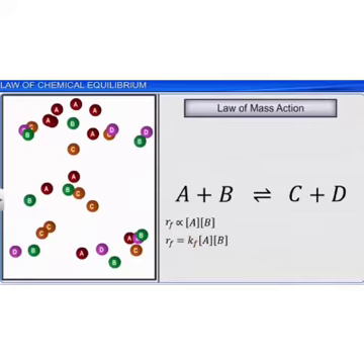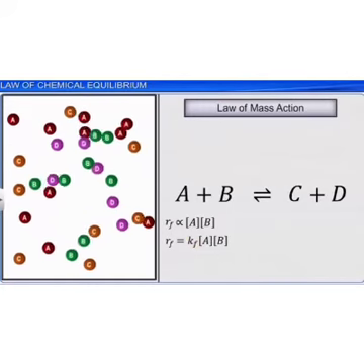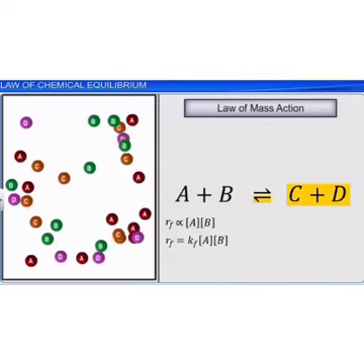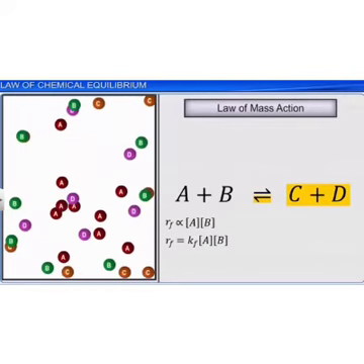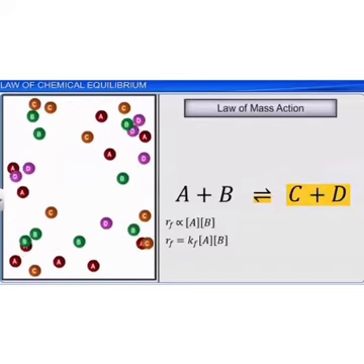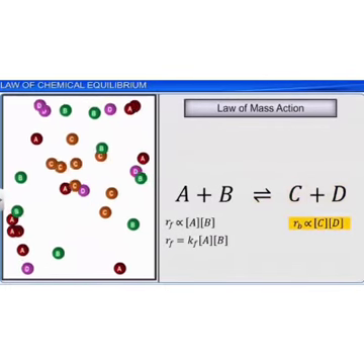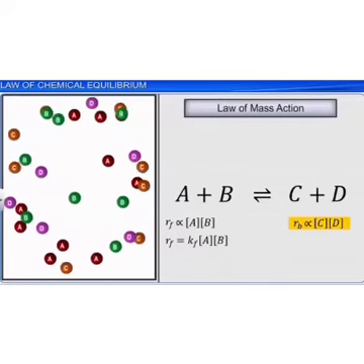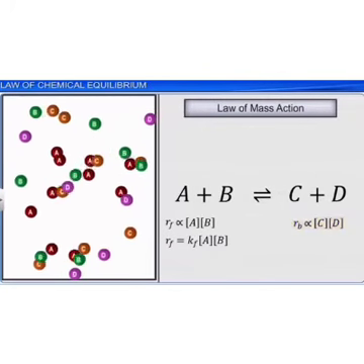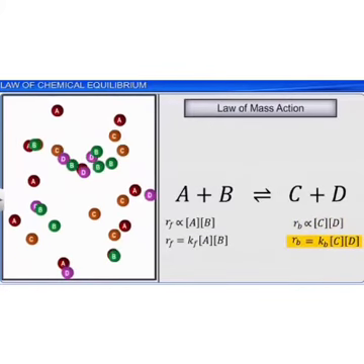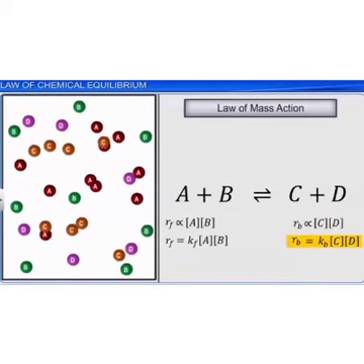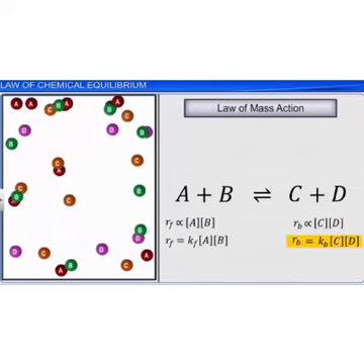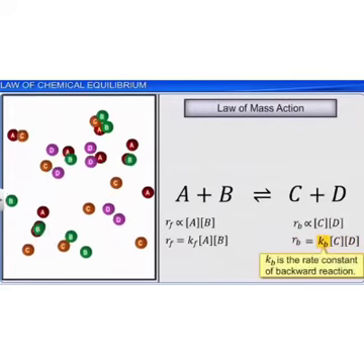Similarly, the rate of backward reaction will be proportional to the molar concentration of the products. That is, Rb is proportional to the product of the concentrations of the products C and D, or Rb is equal to Kb multiplied by the product of the concentrations of C and D, where Kb is the rate constant of backward reaction.